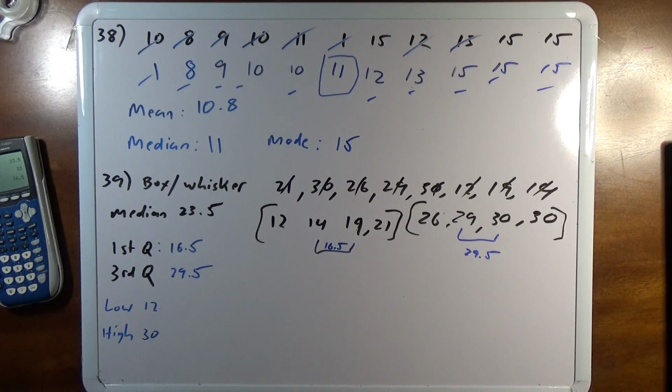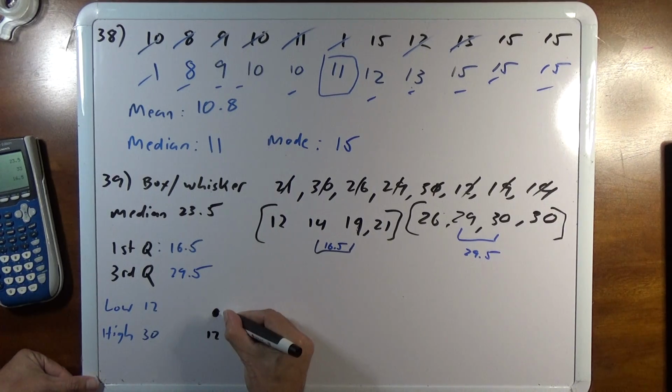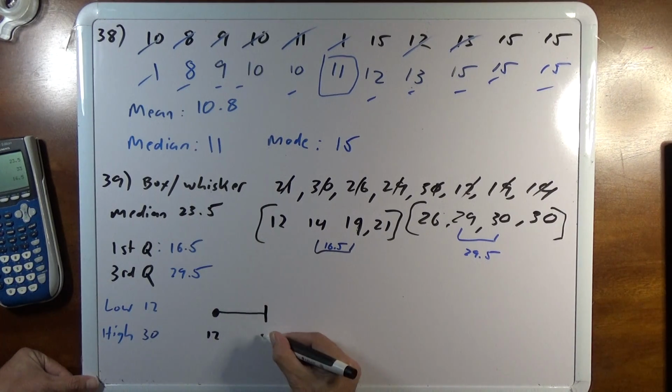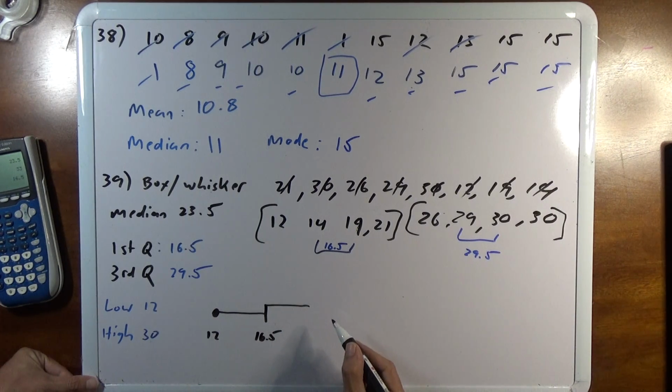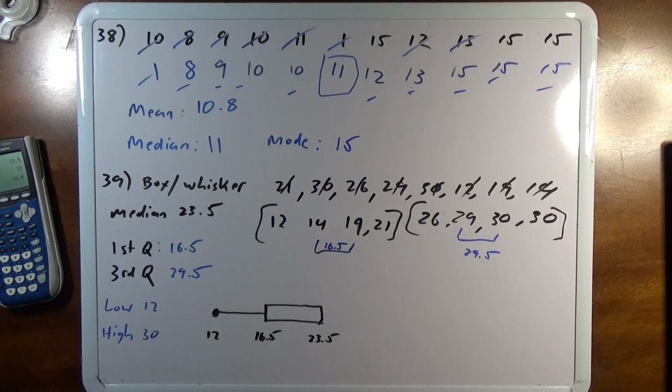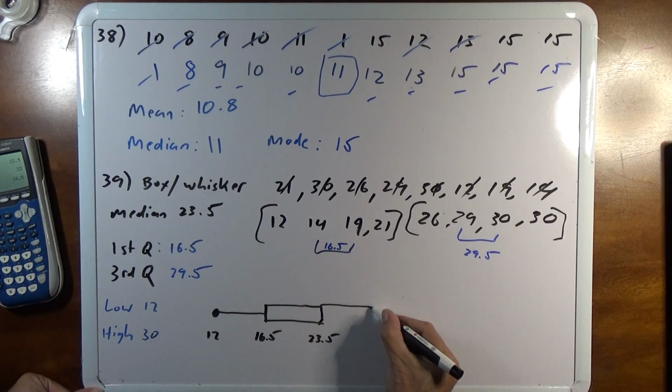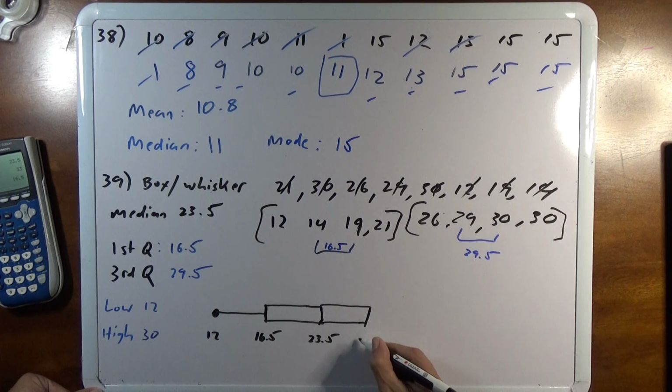So this isn't really going to be to scale, but sort of have a dot at 12, and then that's going to come out to 16.5, and then my median is, again, sort of to scale, in the best case scenario. And then the third quartile is up here, and that's 29.5, and the high is 30. So the high is really just over that.